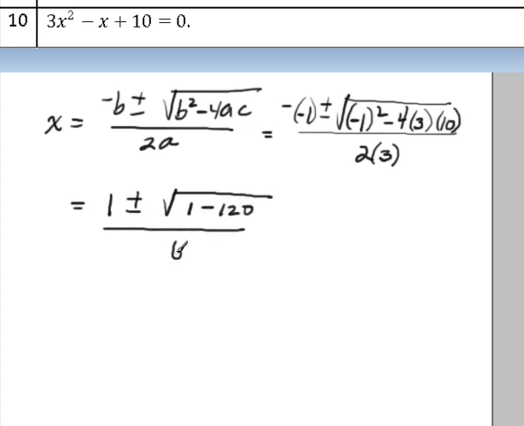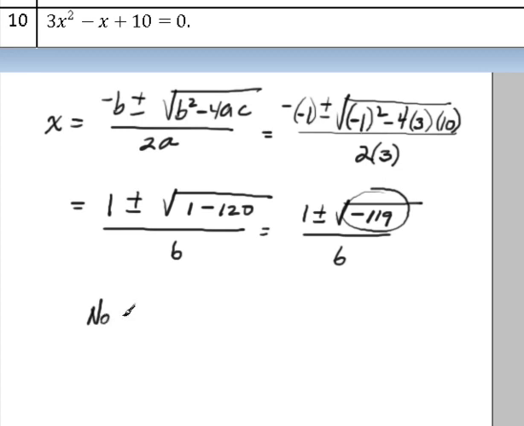Okay. So this is obviously negative. Let me just write this. This is 1 plus or minus the square root of minus 119 over 6. Okay, so because we have a negative under the square root, there's no real solution. So that's what we write here.